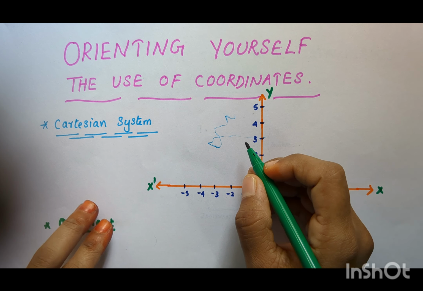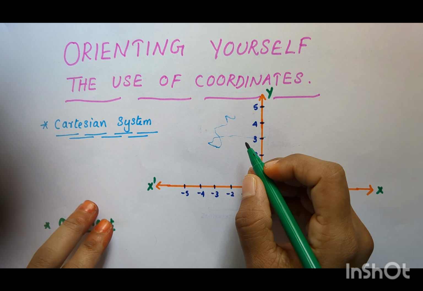Now, let us see how to locate the coordinates of a point in a Cartesian plane. See, this xy plane is called the Cartesian plane. To locate a point in a Cartesian plane, we need its perpendicular distance from the x-axis and its perpendicular distance from the y-axis. Perpendicular distance from the x-axis means, you see, this line is making a 90-degree angle here.